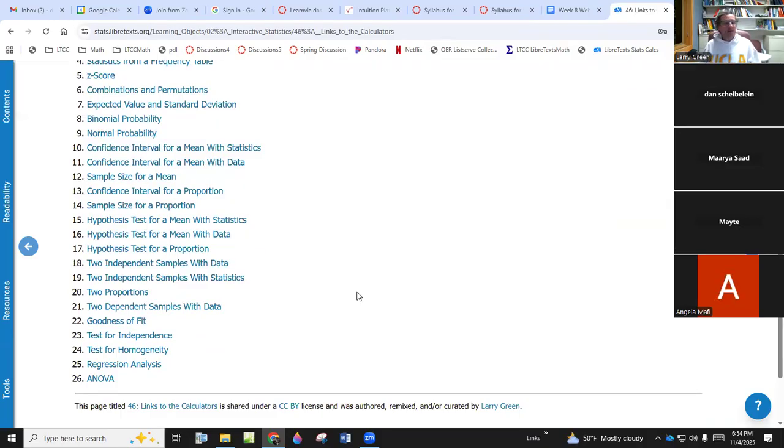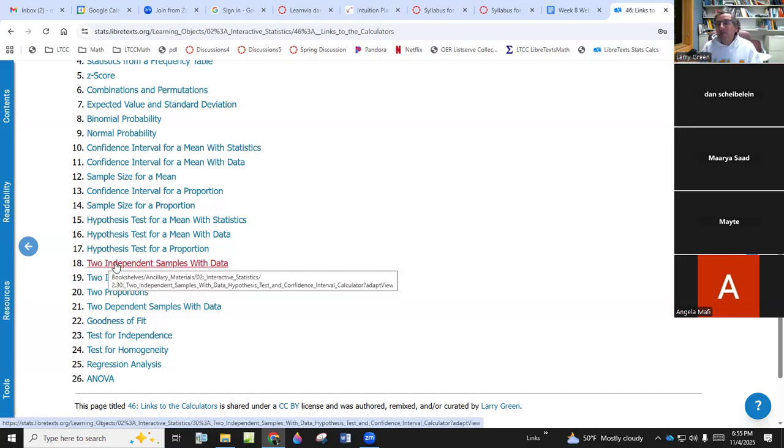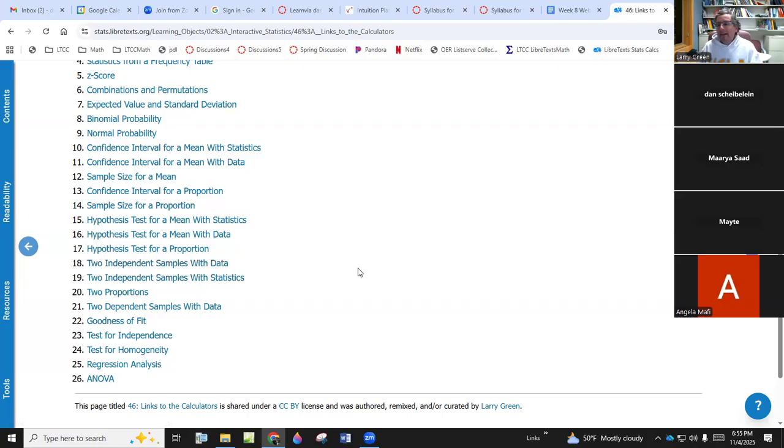What number? Okay, so you think 18. The problem with 18 is that's two independent samples. But these samples are not independent. Yeah, it's going to be number 21. It's two dependent samples with data.